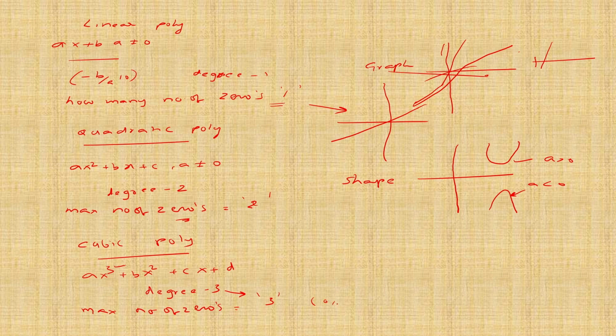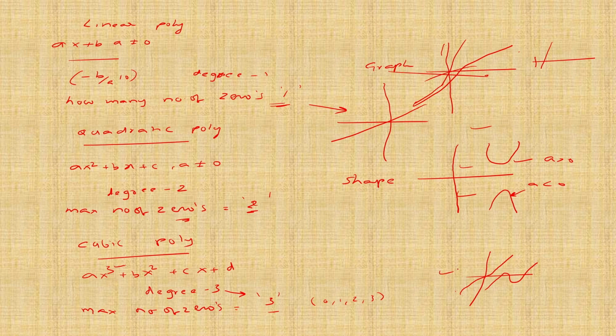That means we can get 0, 1, 2 or 3. Any possibility is there. Maximum means 3. For quadratic it is 2, for linear it is 1. For the first two, the graphs are possible. For this cubic polynomial, the graph can be in any form, we cannot predict it.